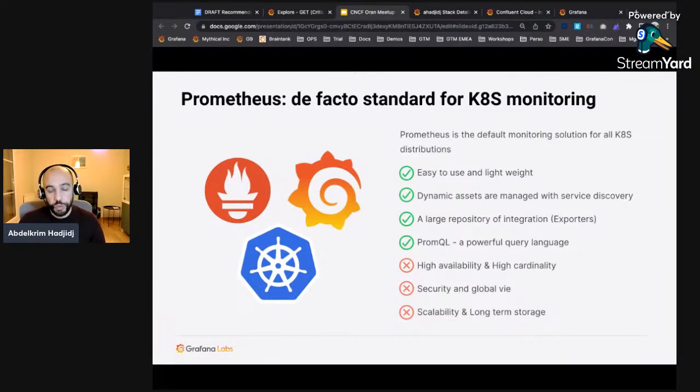However, Prometheus has been built with limitations in mind. It's not a distributed system. It's only one instance, so it doesn't have high availability. If you want to scale it, there is only vertical scalability, and it comes with some constraints. There is no security. If anyone has access to Prometheus, they can see all the metrics from all the systems that you are monitoring.